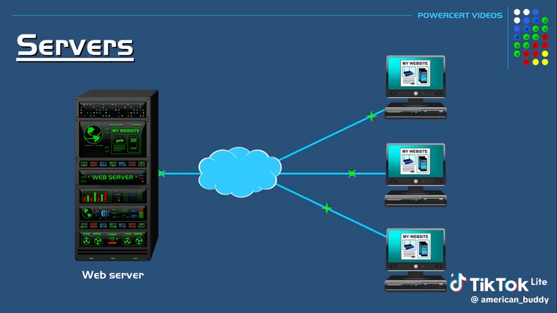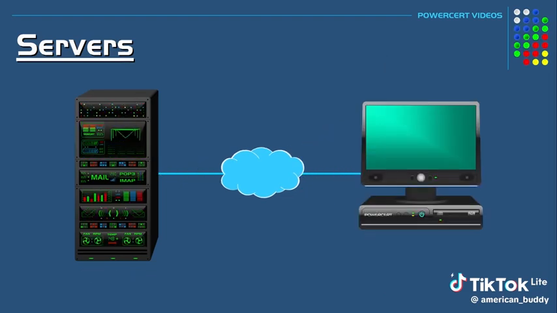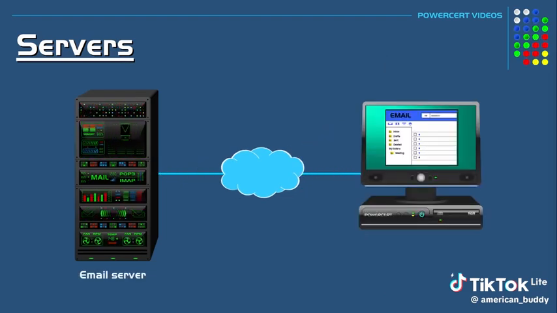The web server will contain all of the website's data, including the HTML code and graphics, and it'll also be running the web server software. Another type of server is an email server. An email server is what facilitates the sending and receiving of email. You would access the email using your web browser, or you can use an email client such as Outlook or Thunderbird using email protocols such as IMAP, POP, and SMTP.